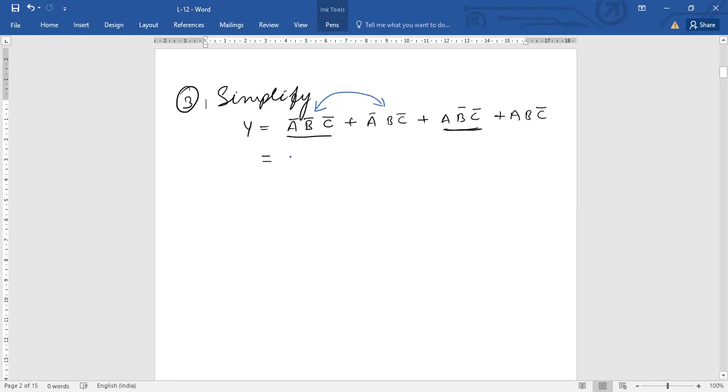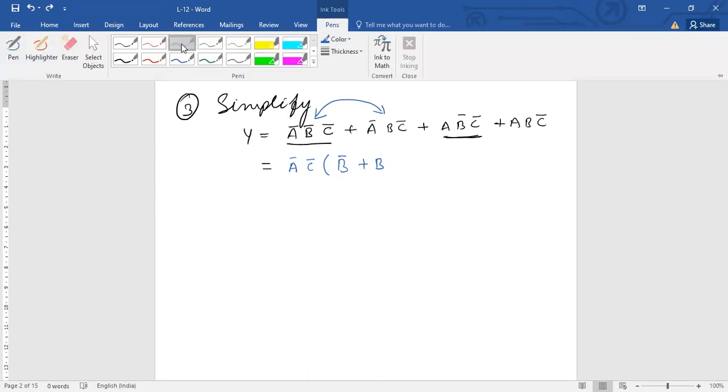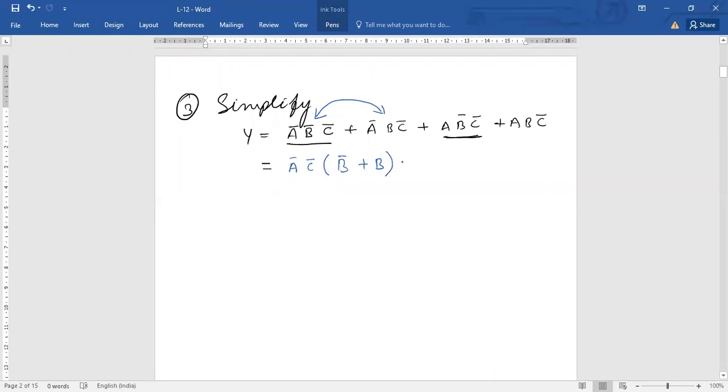From the first and second terms, you can see A bar and C bar are common within these two terms. So we will have B bar plus B. Plus from these two terms, what is common?